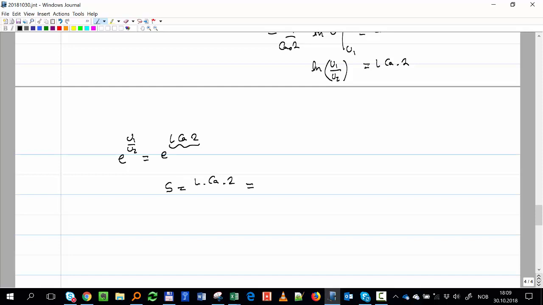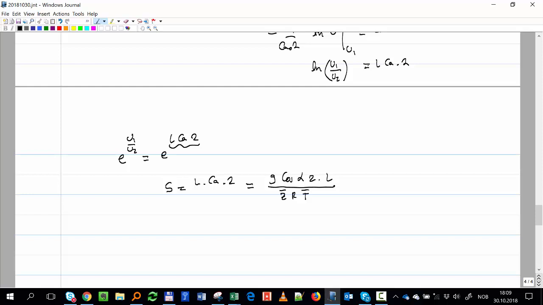And what was the definition of Ca? Ca was g cosine of alpha 2 L divided by ZRT. Yes?